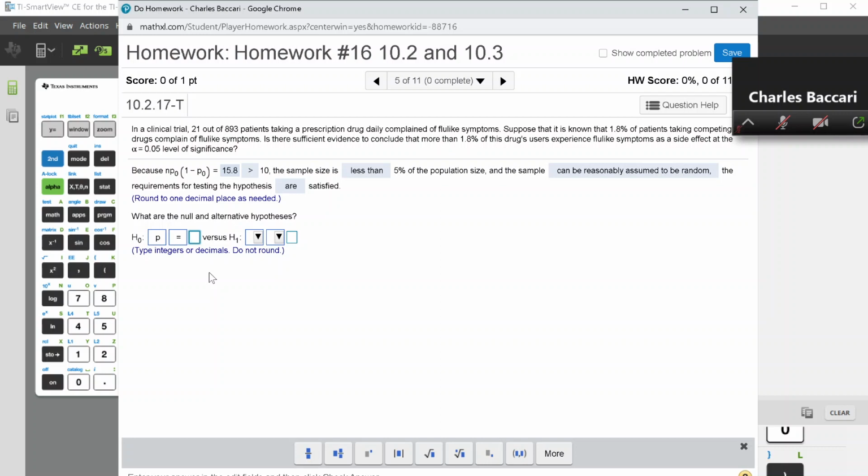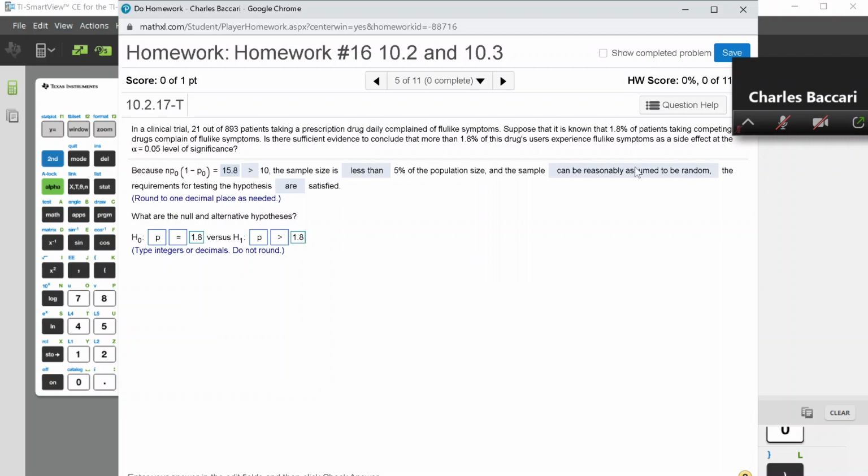I guess we're testing it against the 1.8%. So maybe it's 1.8, and then obviously this is proportion. Is there sufficient evidence to conclude that more than, so greater than 1.8?